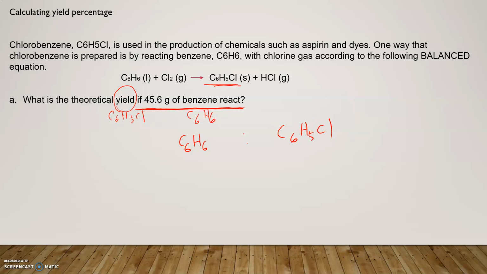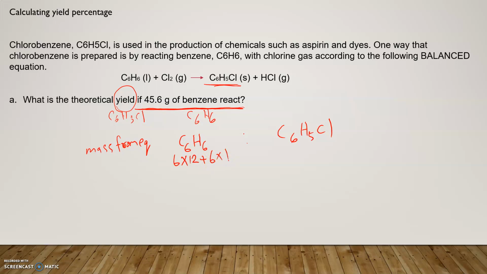Okay, from the equation, let's try the mass, since he's talking about masses. If we calculate the mass here, it is 6 times 12 plus 6 times 1.